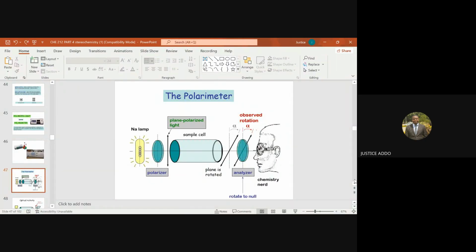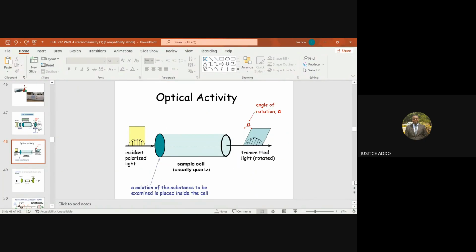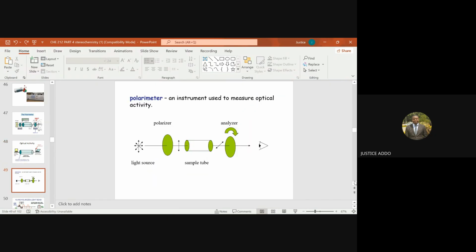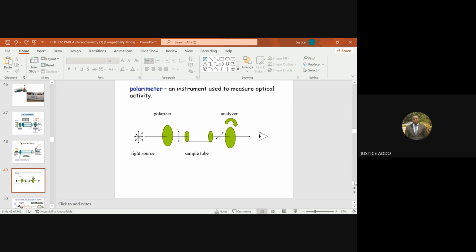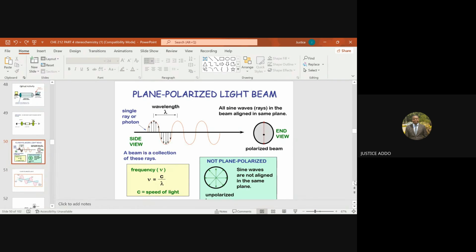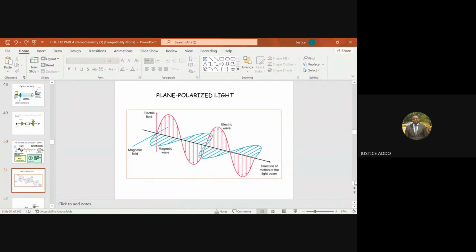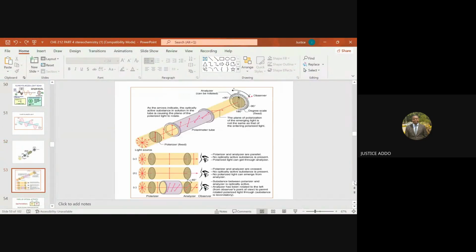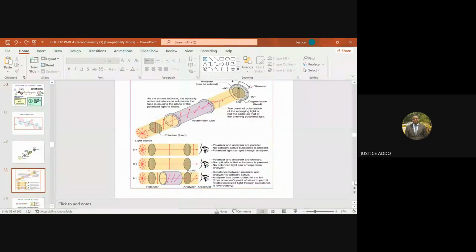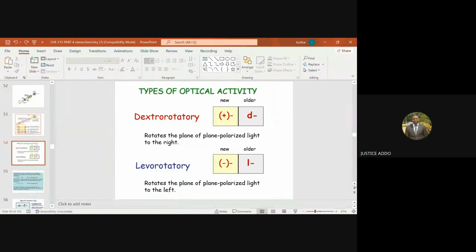So when you have time, look at how the polarimeter operates, the various compartments, and then you will appreciate its operation in detail. It's just a diagrammatic explanation, so please create time and look at it later.